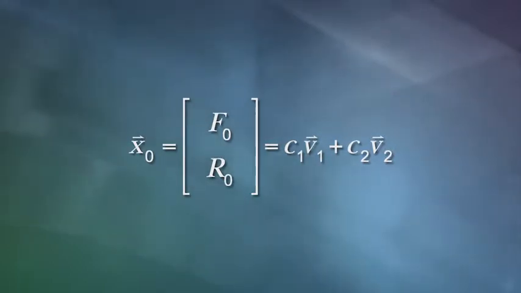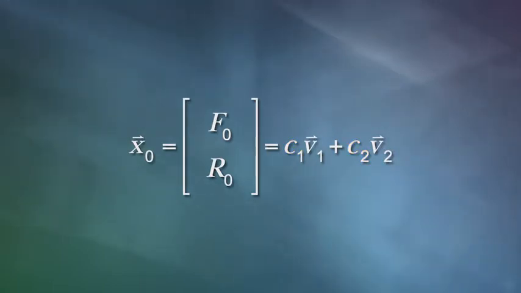Remember, this will be possible if the matrix is diagonalizable, so there is a basis of eigenvectors. The coefficients C1 and C2 of our linear combination can be solved from the initial populations F0 and R0 if we wish, since this is just a system of equations and unknowns C1 and C2.